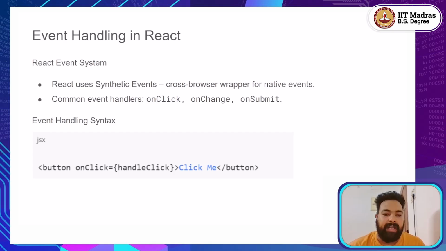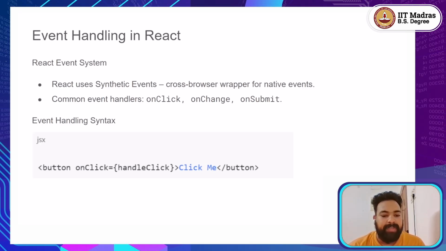Let's start with event handling in React. Every time a user interacts with a web page, for example, by clicking a button, typing text, or submitting a form, an event is fired. In React, events are handled slightly differently compared to plain JavaScript. React uses something called synthetic events. A synthetic event is essentially a wrapper around the browser's native event system that makes event handling consistent across the browsers.